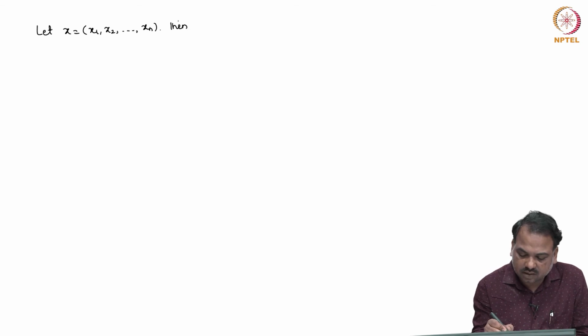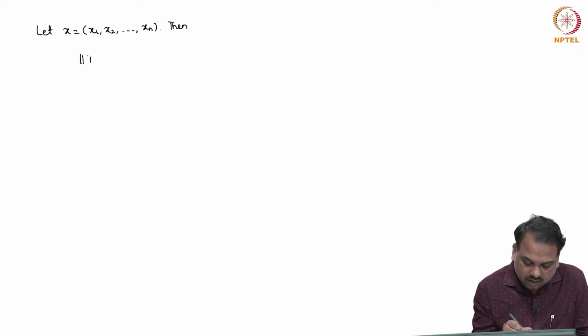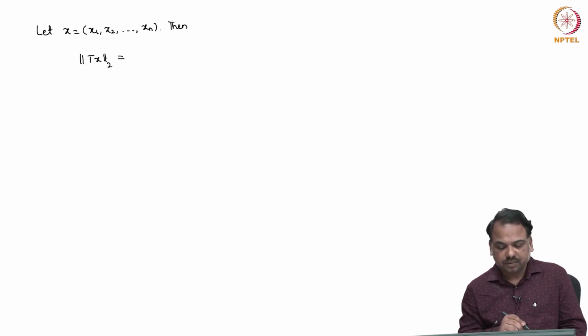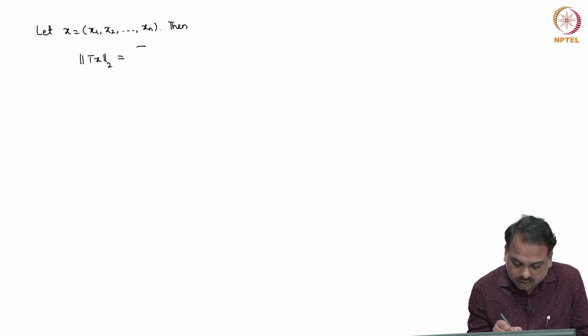Then we can say that norm of Tx is nothing but the summation j equal to 1 to infinity of mod lambda j x_j square, whole to the power 1 by 2.